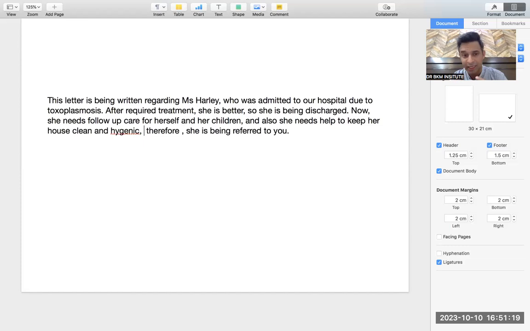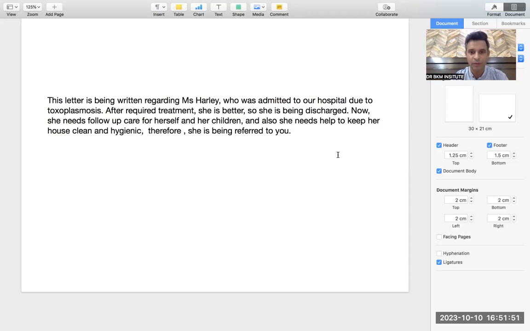If you do not add it, OET does not deduct marks, because it will come in the last paragraph. But when I know exactly about the letter, I would like to mention this point. Who was admitted due to this. After required treatment, she is better. She needs follow-up care for herself, and also help to keep her house clean and hygienic. That is the first paragraph. That's how simple it is. You find the basic purpose of the letter, you just write it, and it's all done.